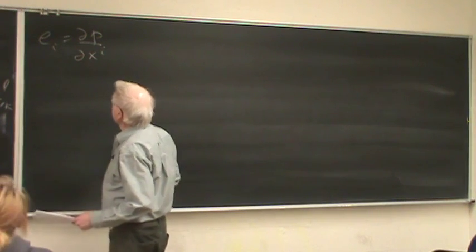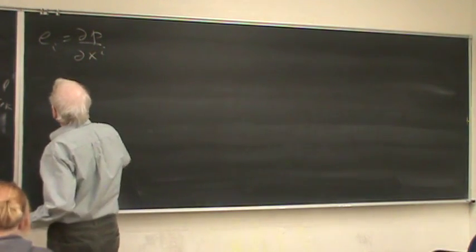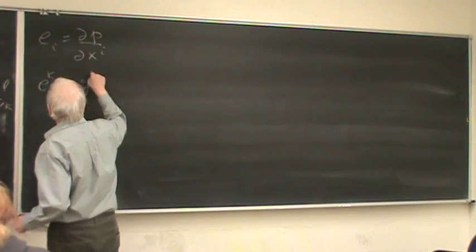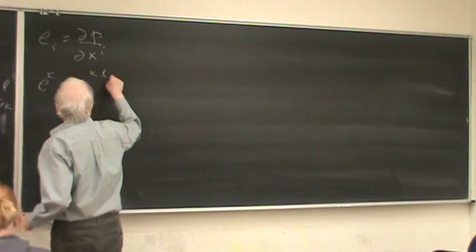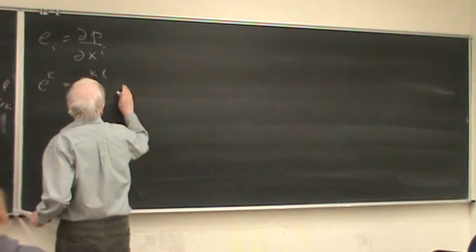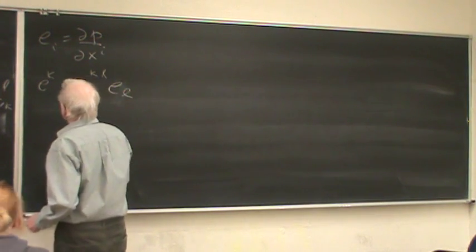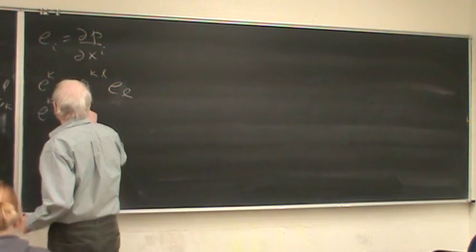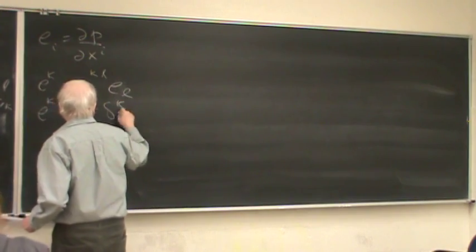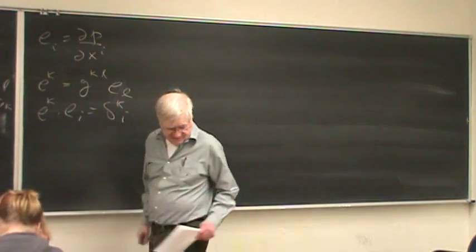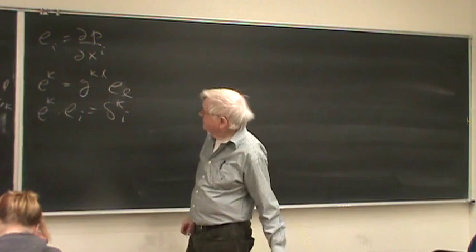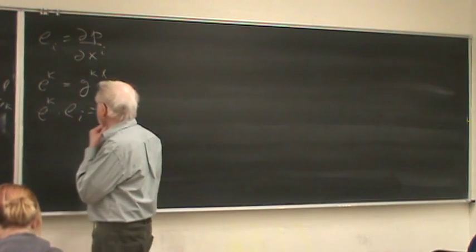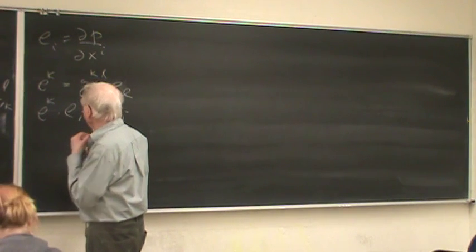All right, so those are the basis vectors, and these vectors E^k, E_l, say, are orthogonal or dual. And these form a nice projection operator, really.